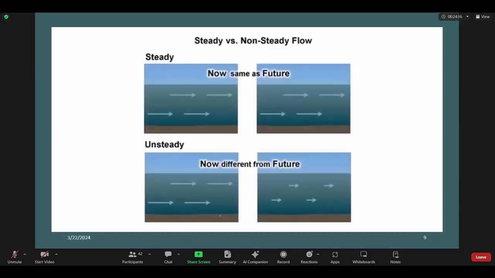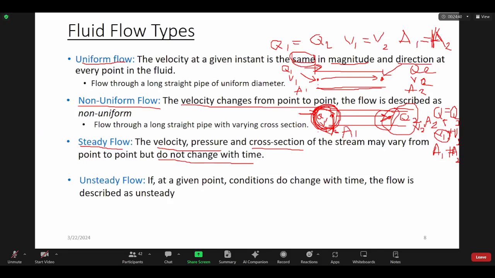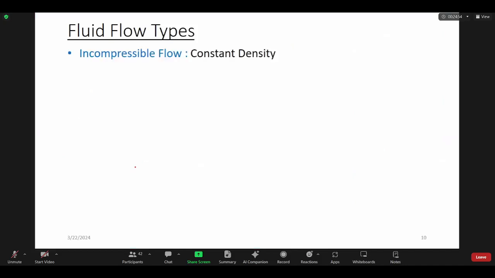You can see this streamline has changed, the size is changed, then velocity is changed from time to time. You need to identify these: uniform flow, non-uniform flow, steady flow, unsteady flow. These are very important in fluid mechanics. So we will move to the next one.